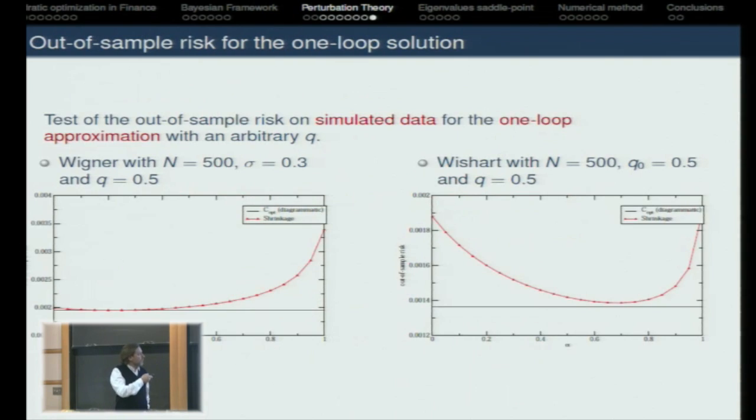Okay. And we also did it on simulated data to show that this was optimal in a sense. Well, we couldn't show numerically that it's optimal because you can't find all the possible strategies, but one strategy is shrinkage, where you shrink the matrix with a parameter from 0 to 1, and it turns out, for instance, in this case, it's very clear that our solution with the one loop expansion is better than any shrinkage.